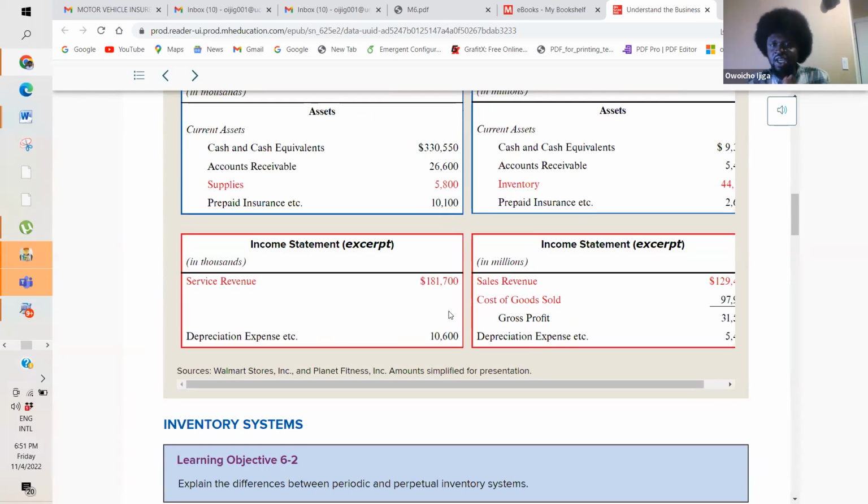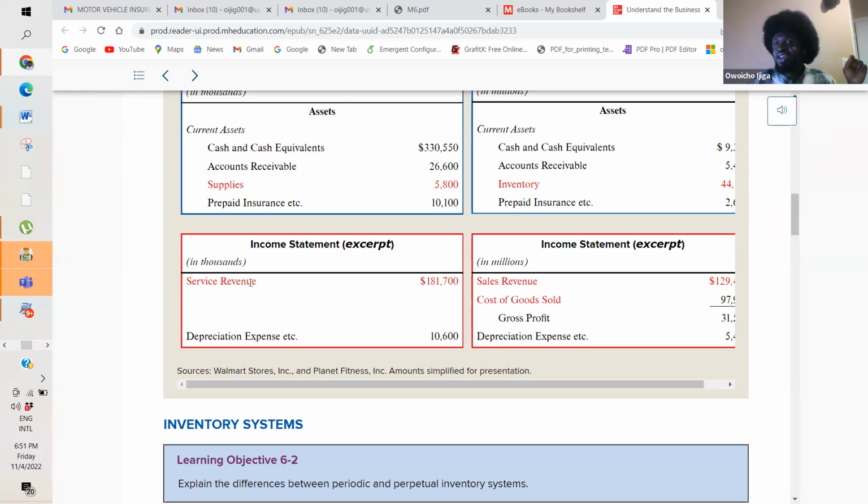And when you go to the income statement of a service company, you will see that they record service revenue. It is the kind of revenue that they earn, like me going to the USPS and paying for them to send my documents to Cape Town. The revenue they make from that is a service revenue because they offer me a service and I pay and they make revenue from that.